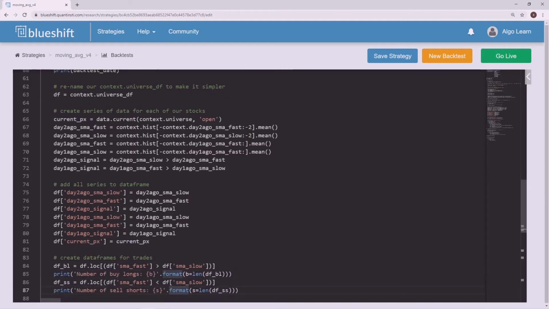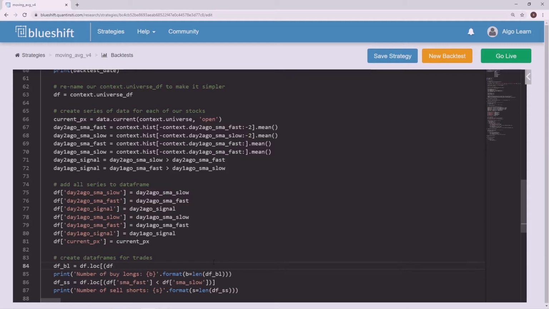Okay, so now we're going to be creating some data frames to host our trades. And so here's, remember, the buy long data frame. We're going to use the existing DF data frame, and we're going to be looking at some conditions. So what are our conditions? Let me just clear this out. All right, so here's the conditions that we're going to look for.